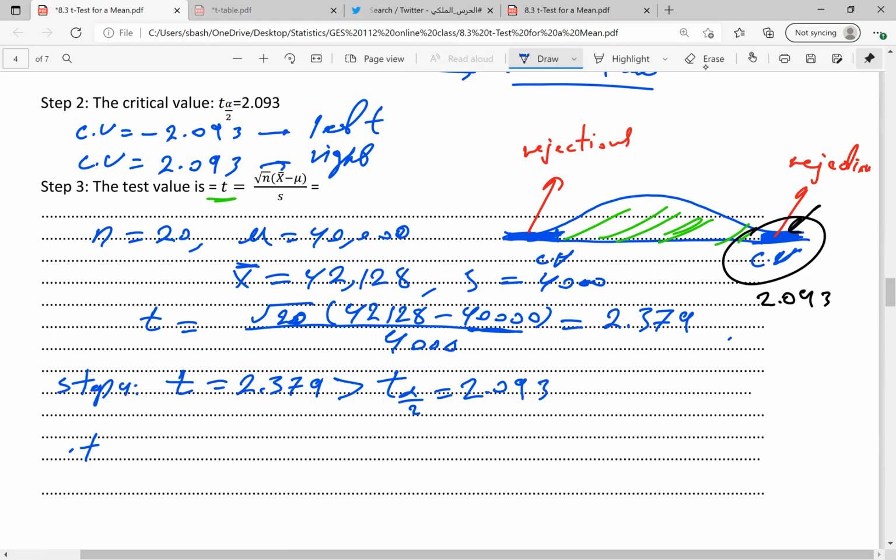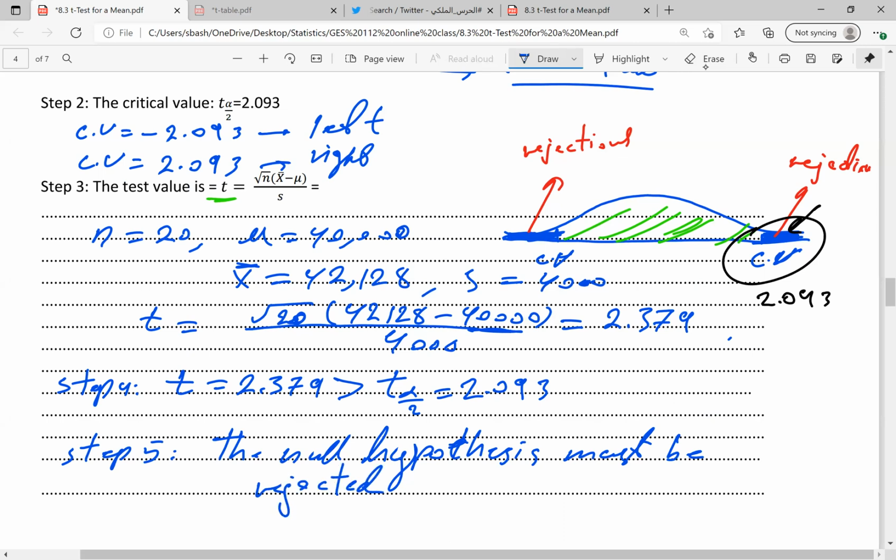Step number 5, H0 or the null hypothesis must be rejected, because we have enough evidence to reject the null hypothesis and accept the claim, because the claim said that the average is incorrect.